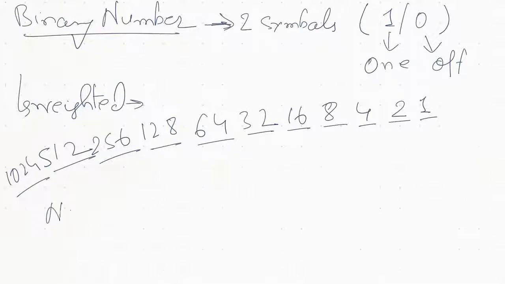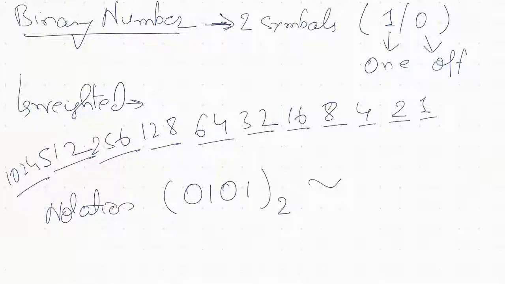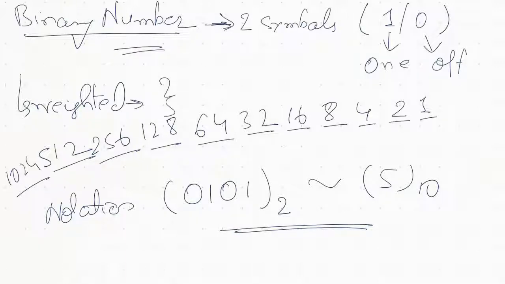The notation that is being used is, imagine 0101 in binary, which is equivalent to basically 5 in decimal, and we will talk about how this conversion works in our subsequent videos. So it is just a basic introduction. Binary numbers are weighted numbers, and this is how computers actually store data.